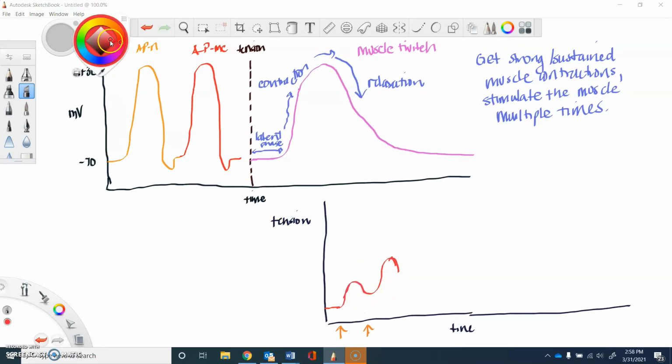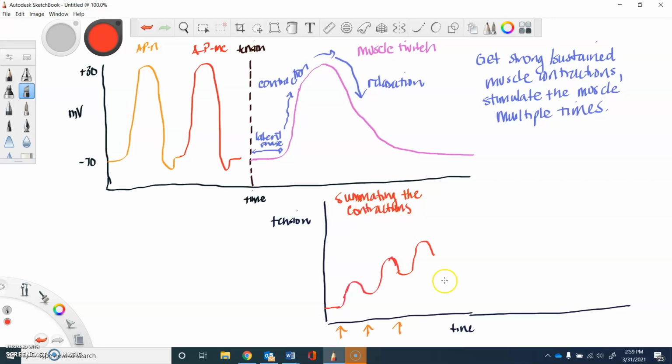Okay? When that one starts to relax, we can stimulate it again. And again, it will start to contract, and it will contract more than the one before that. So they summate. We're summating the contractions. Okay?